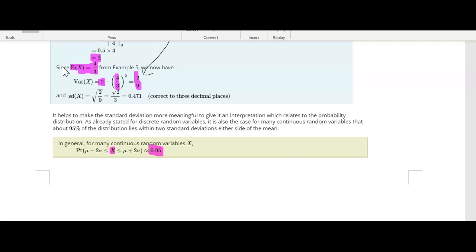So we're going, your probability, 0.95, when you're between 2 standard deviations below the mean and 2 standard deviations above the mean. So remember, mu is your mean minus 2 standard deviations, and this is the mean plus 2 standard deviations.